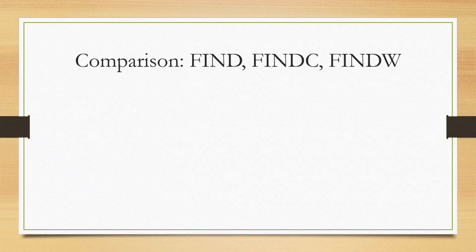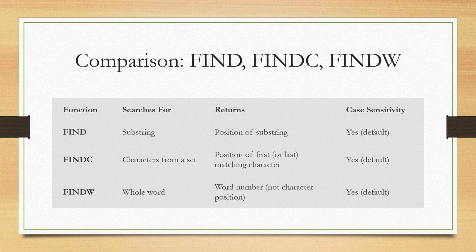Now, if we want to visualize the comparison between FIND, FINDC and FINDW in one go, we have this table. From this table, we can see that the FIND function checks a text field containing a keyword, it searches for a substring and returns the position of the substring, and it is case sensitive.